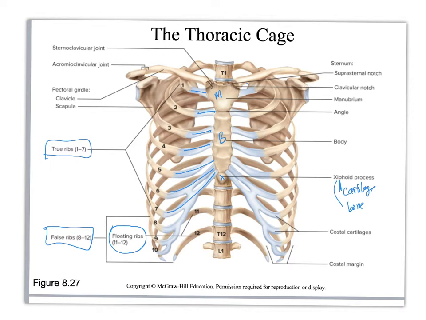The false ribs, 8, 9, and 10, have costal cartilage, but they all come together, meet up, merge with the costal cartilage of number 7 to attach to the sternum. So don't forget that all of that stuff is called costal cartilage, which if I'd been paying attention, I would have seen was already written right there.